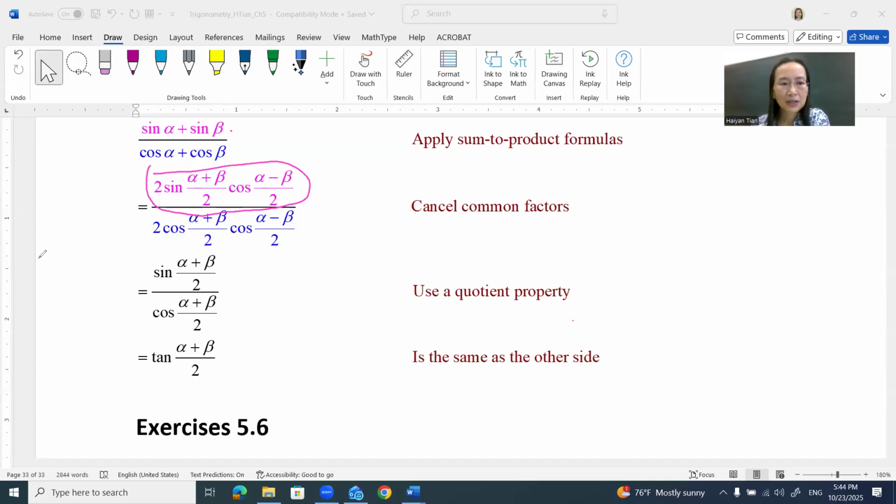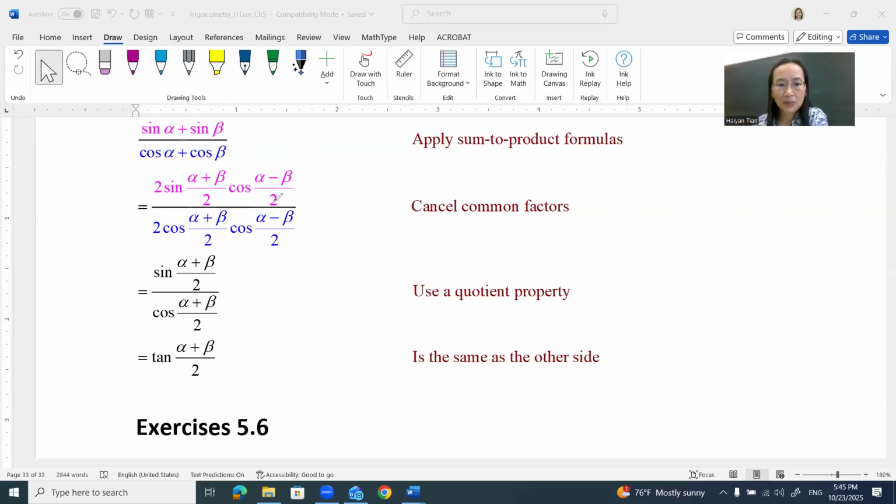And for the denominator, cosine alpha plus cosine beta is also in sum to product form, based on the previous four sum to product formulas.